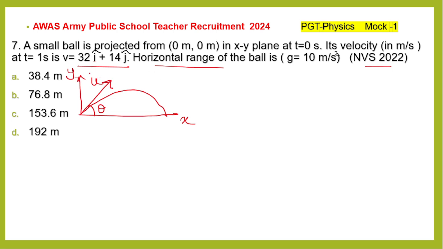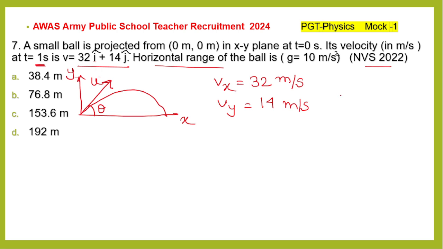Here, after t seconds, that means after 1 second, velocity is given. So we can say here Vx is 32 meters per second, and Vy is equal to 14 meters per second. So this is our final velocity after 1 second.